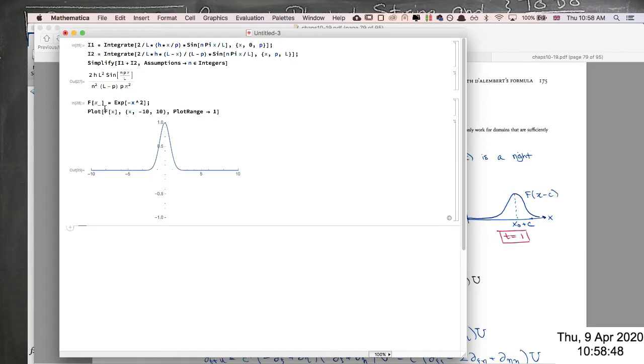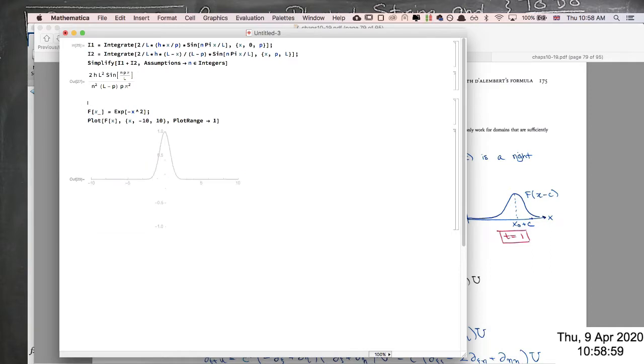The point here is that we want to consider what happens when you plot f of x minus ct instead of f of x. So let's just take c to be equal to 1. Then we're going to plot f of x minus c times t, but I'll do an animation. Let's just do a Manipulate command.